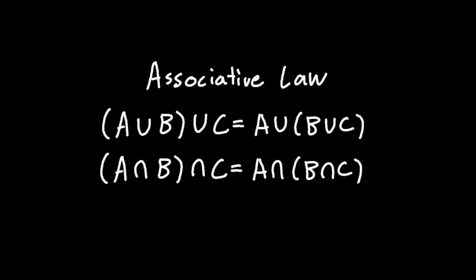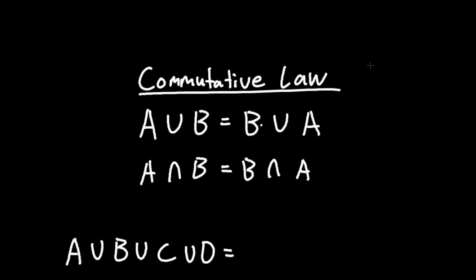So the next law is the Commutative Law, however you like to pronounce it. We have A union B is equal to B union A, and we also have A intersection B is equal to B intersection A. Now, the important thing about the commutative law is that, just like the associative law, this works with multiple unions or multiple intersections.